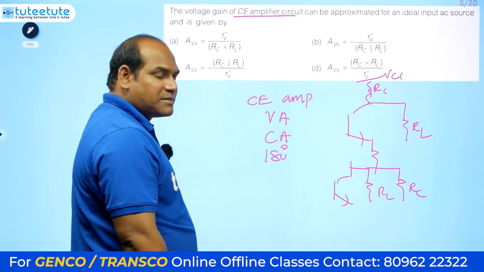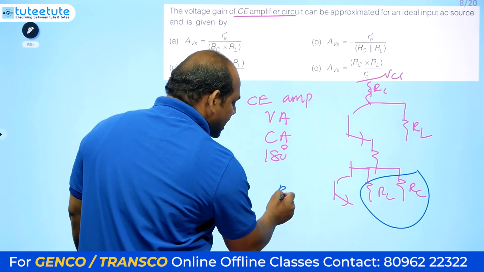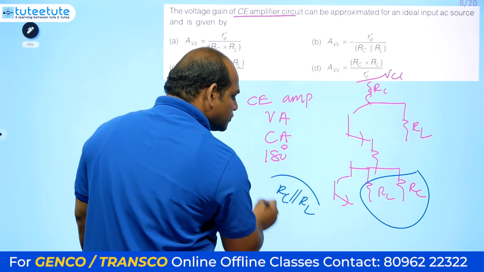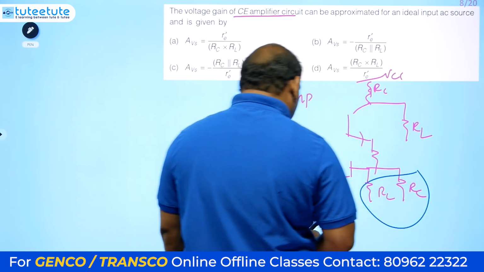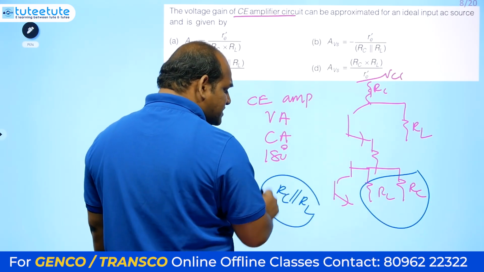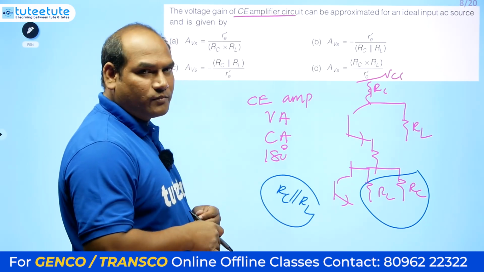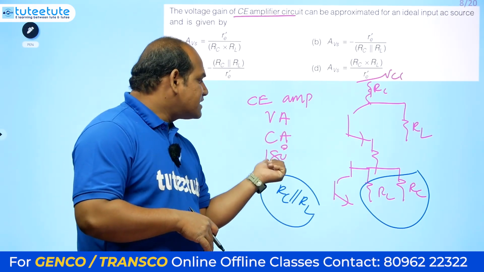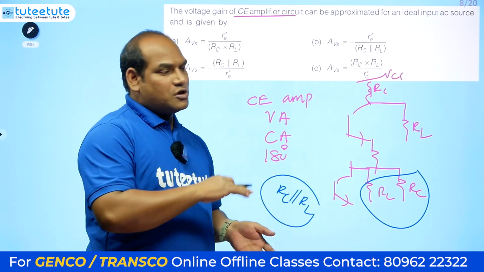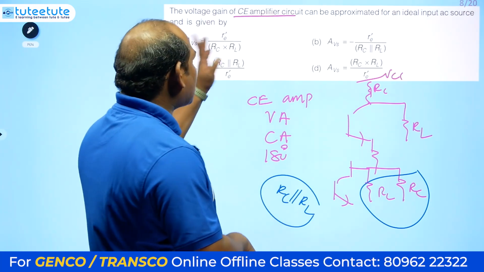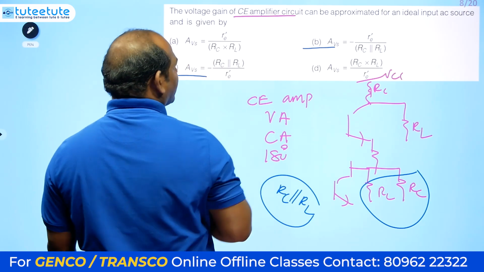That means the effective load resistance is the parallel connection of these two, RC in parallel with RL, and the output is measured across this. So this effective resistance will be coming in the numerator of the voltage gain. That is what you need to remember. And the CE amplifier provides a 180 degrees phase shift, which means its gain should be negative. So that is what we need to understand. See the options here. Gain is negative means option B is there, option C is there.